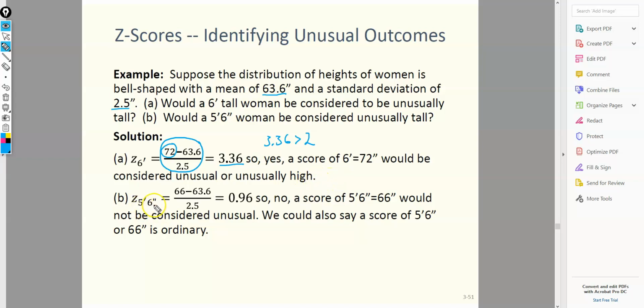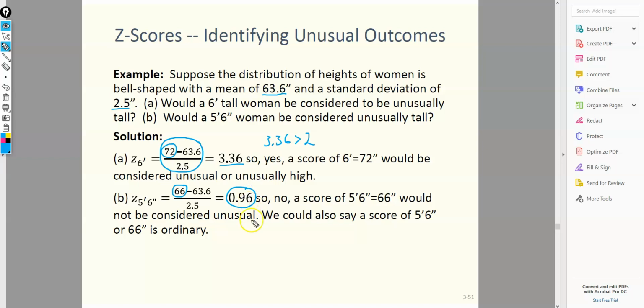Now for the 5-foot 6-inch woman, we have to convert 5 feet 6 inches to inches. That turns out to be 66 inches. So if we look at the z-score for 66, we evaluate 66 minus 63.6 divided by 2.5, and we come up with 0.96.